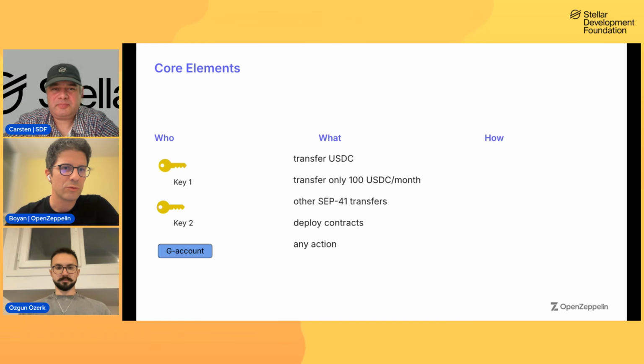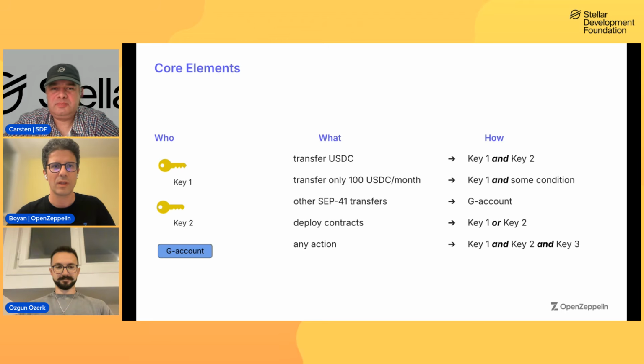What are they allowed to do? Well, here this can be literally any kind of action, either a specific function on a specific contract, or just the transfer function on any SEP-41 compatible contract, deployments as well. So yeah, any kind of action. How is this enforced?